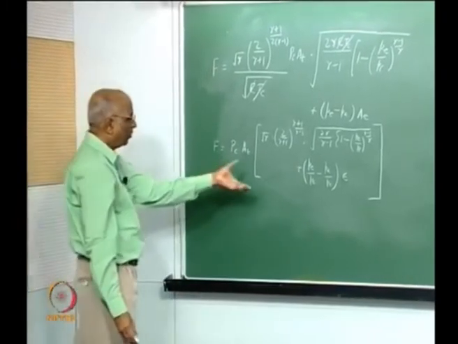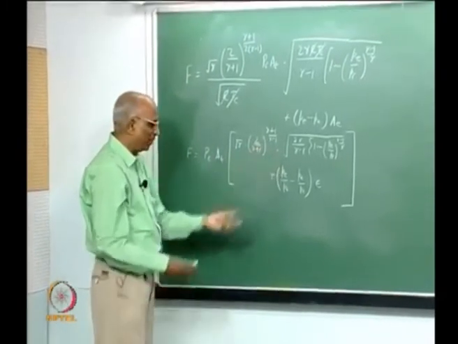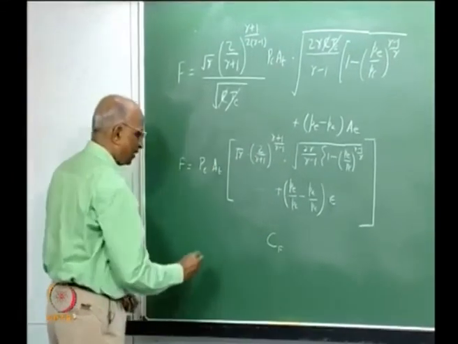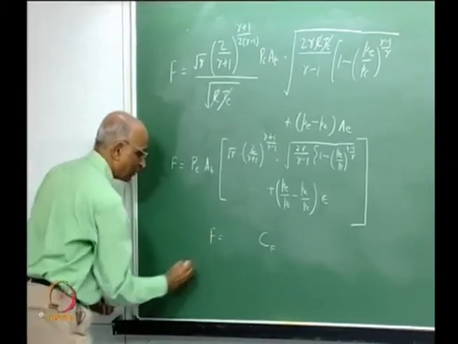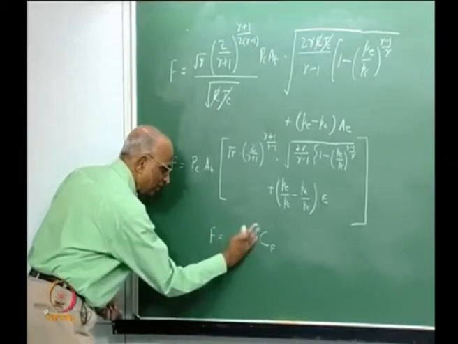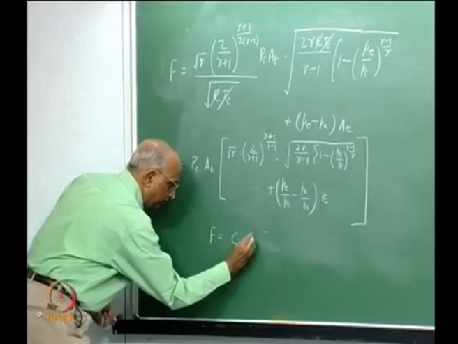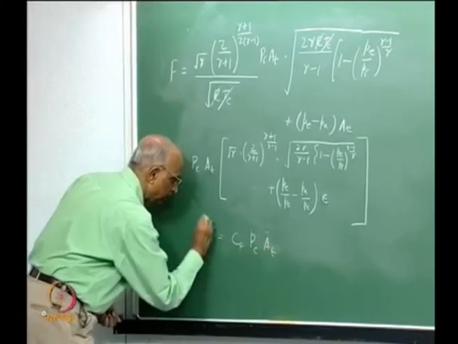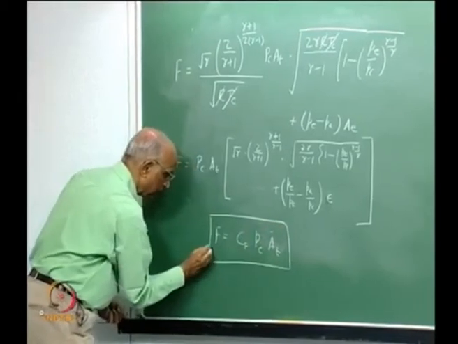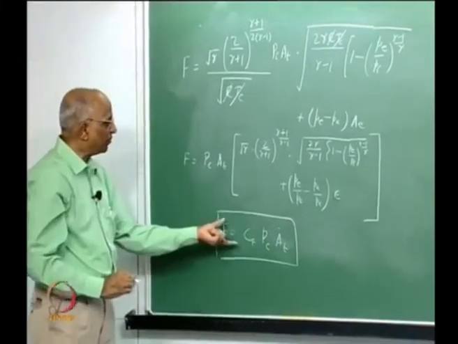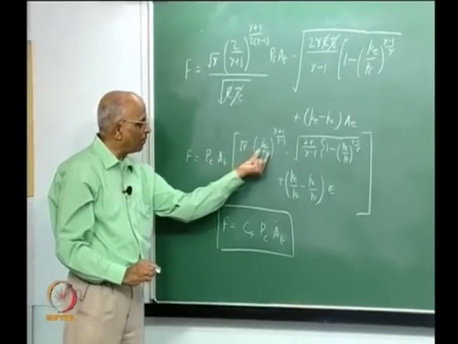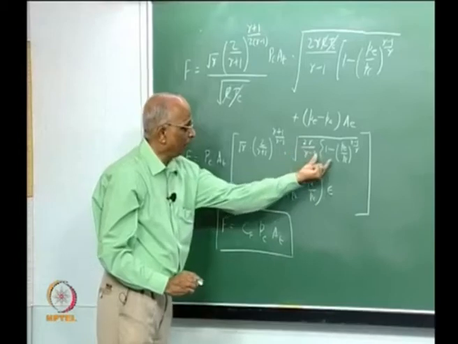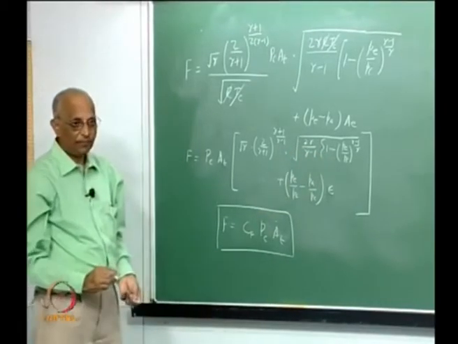This whole term I denote by a coefficient CF, and I say that the force generated by a rocket, or thrust generated, is equal to CF into chamber pressure into AT, where CF is under root gamma 2 over gamma plus 1 into under root 2 gamma by gamma minus 1 to the power half into 1 minus this. This is the expression I get.